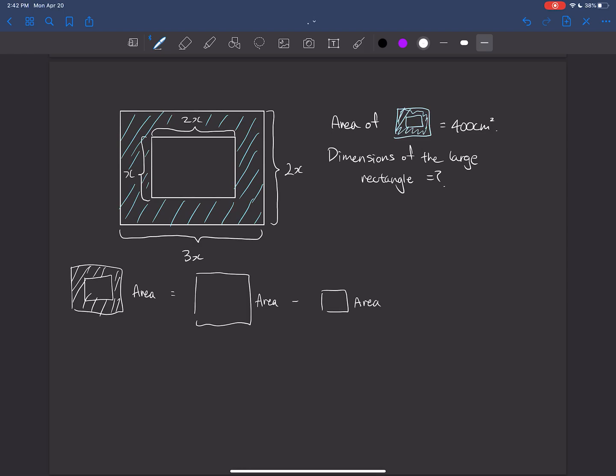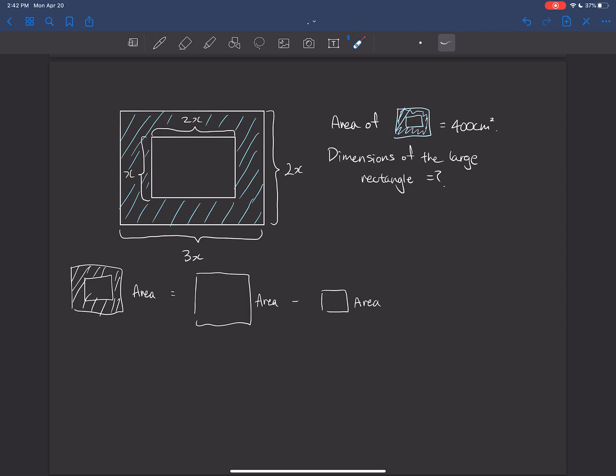Because the blue part looks exactly like a larger rectangle, but you take out the smaller rectangle out of it. Okay, so let's express that with the dimensions that we are given.